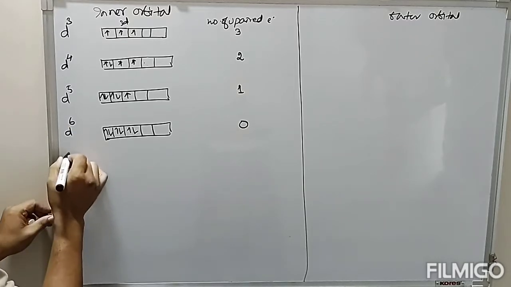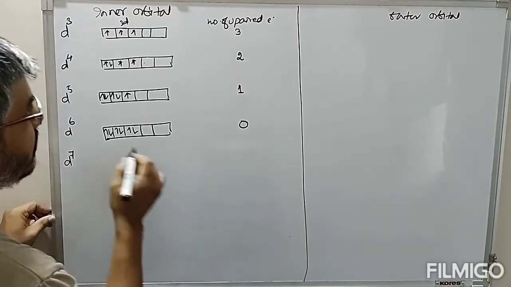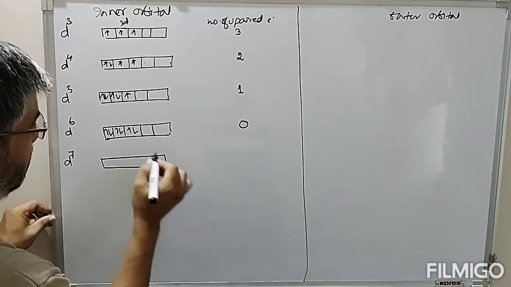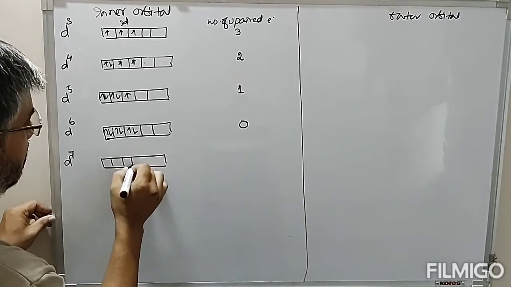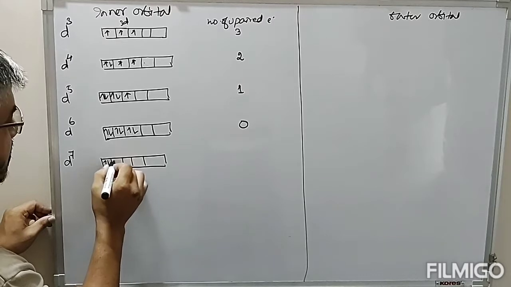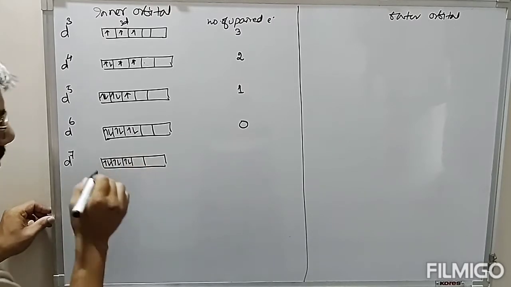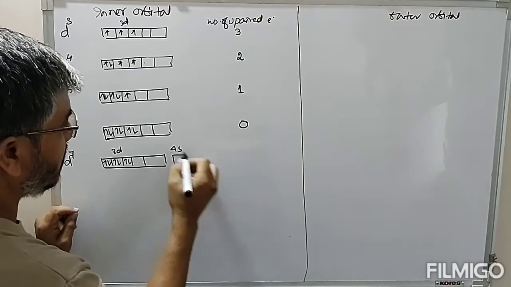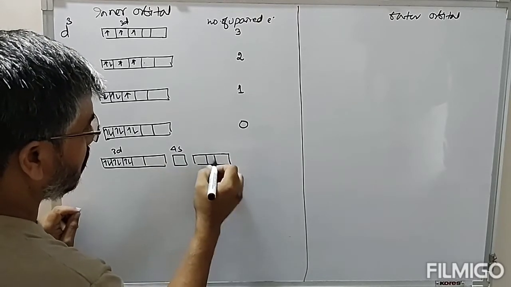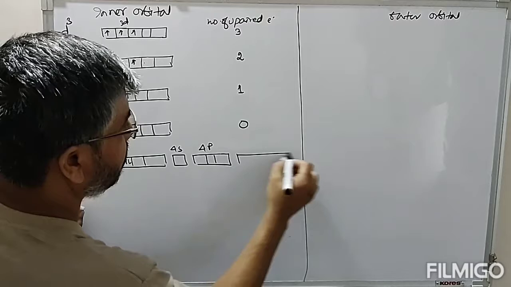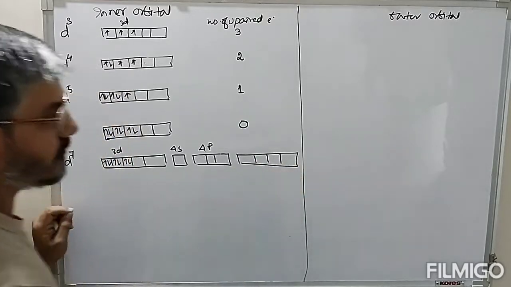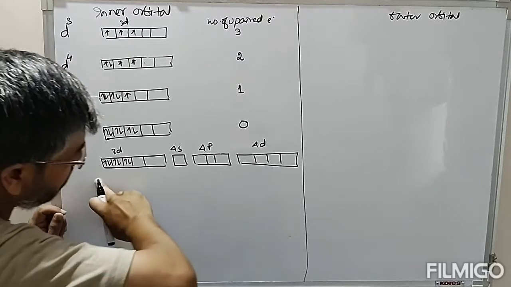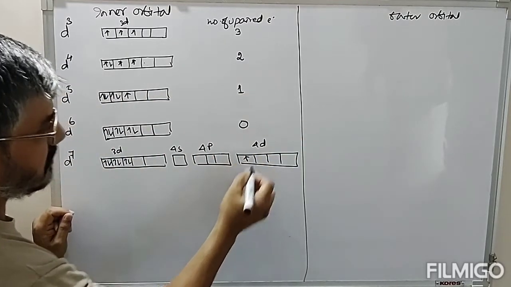Suppose we have d7 type. Already the 6 electrons are completely paired up here. Now we have the 7th electron. This is 3d, then we have 4s, 4p, then 4d. So this electron is transferred to a higher orbital.